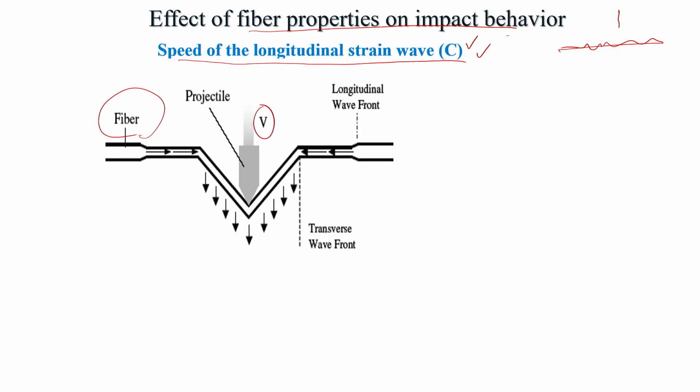Although the projectile is hitting at a right angle, in the downward direction as per this picture, the fiber will be stressed in the horizontal direction, and due to this there will be a longitudinal wave on the fiber.